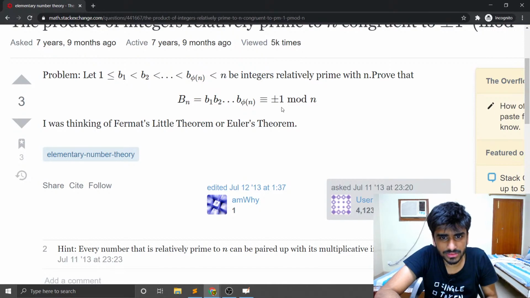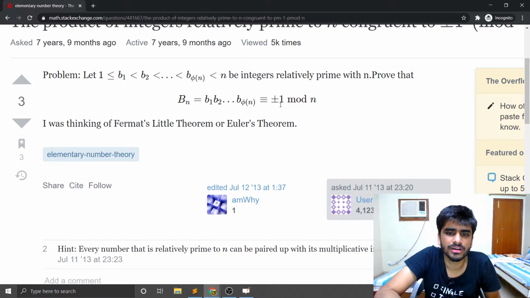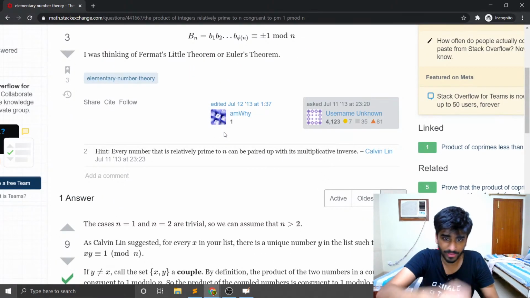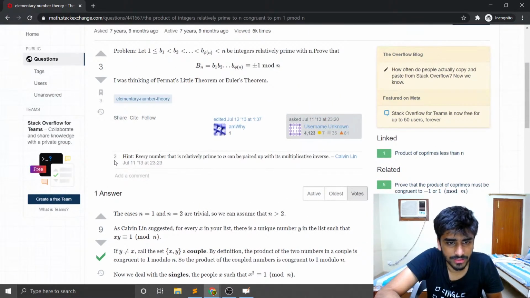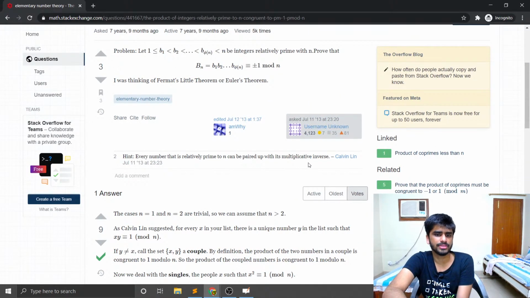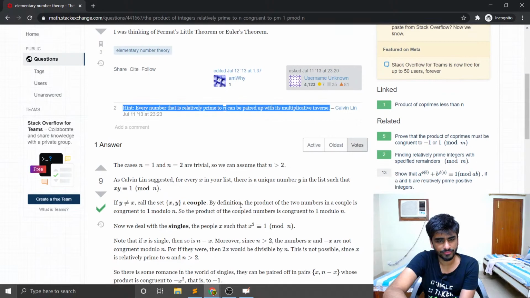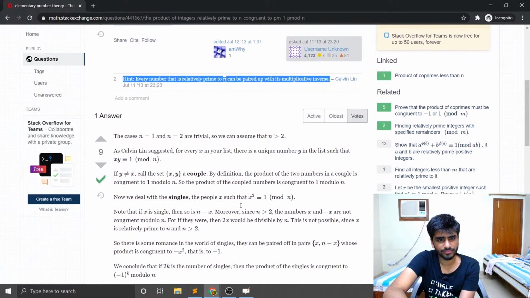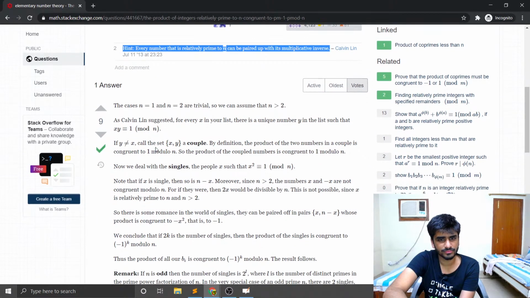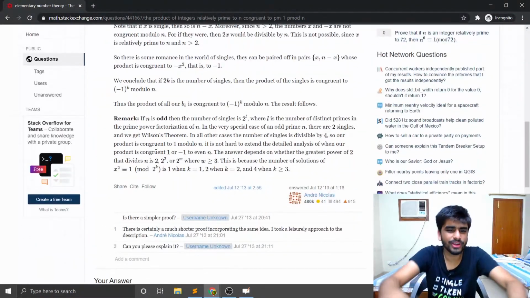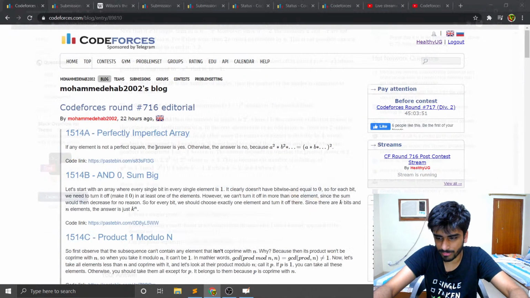Wow. Yeah, so this is always plus minus 1. Okay, that makes sense, but every number is relatively prime to n and can be paired up with its multiplicative inverse. Yeah, I think I disagree with this one. Hmm. Yeah, I'm not going to read it right now. It seems a bit complex.